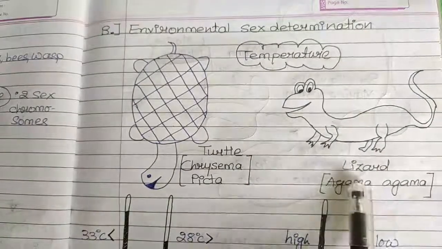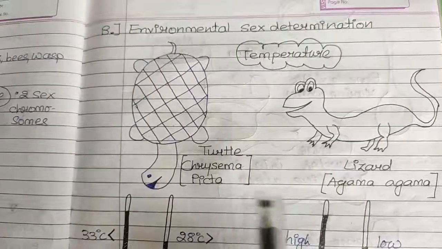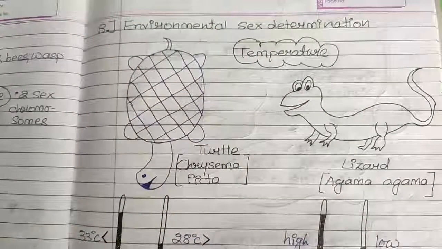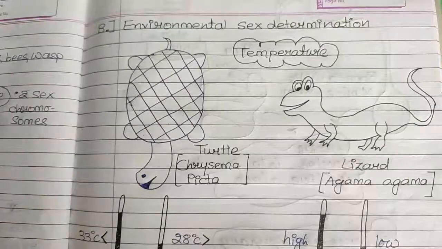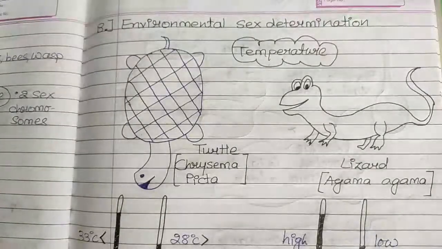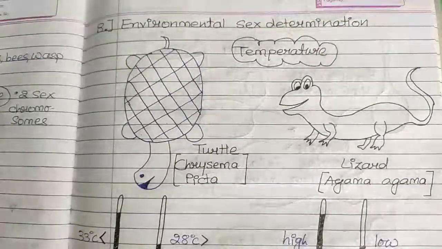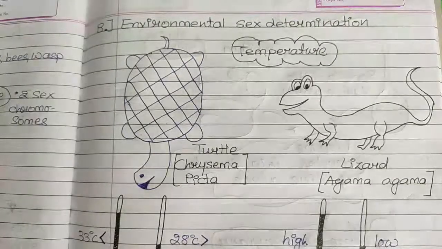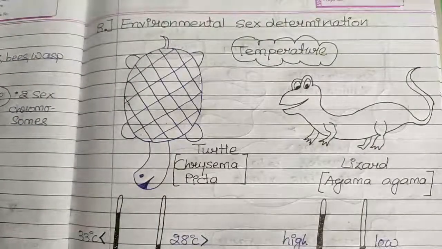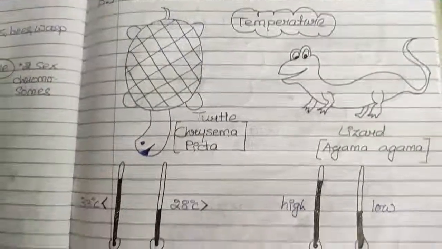In both of them, the temperature at incubation time determines the sex. Incubation means what? Once the egg is laid, it will take time for the development and hatching into a baby. So, the temperature of the incubation period will determine the gender of the child.